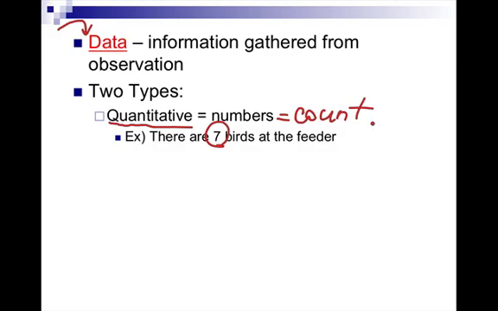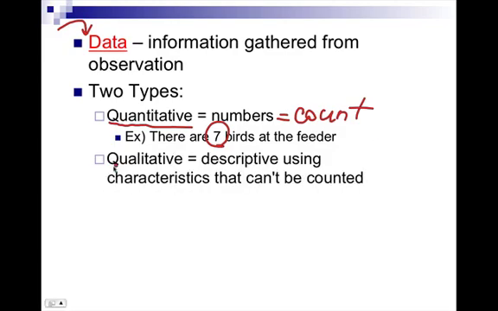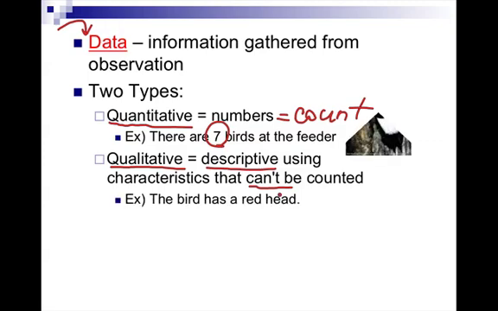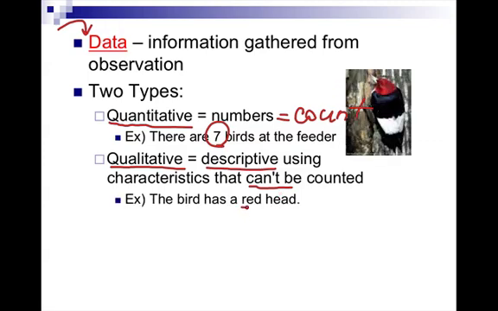The second type of data that we gather is called qualitative. And this type of data is a description using characteristics that cannot be counted. So, an example of qualitative data would be the bird has a red head.